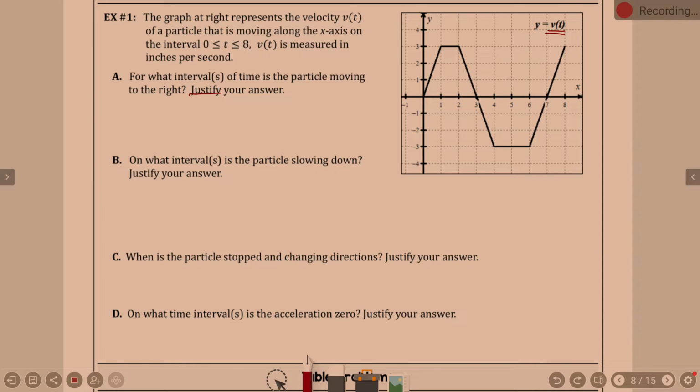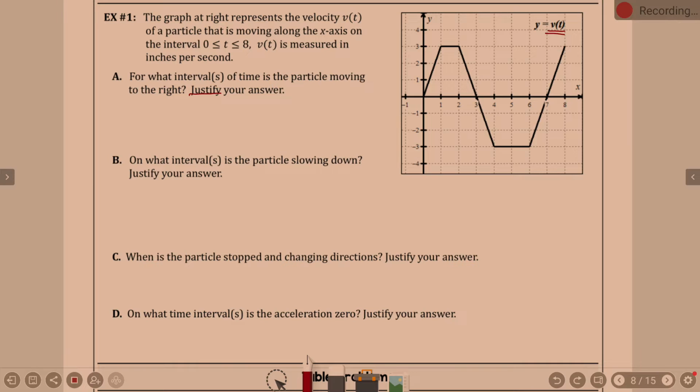And why 0 to 3? Okay, so a particle moves to the right when velocity is positive, yes? So is that the only place? 7 to 8 also, yes? Now, what's my justification? Justification.